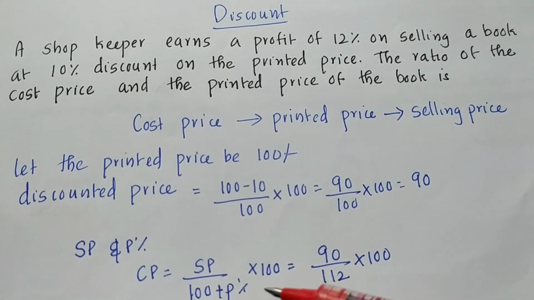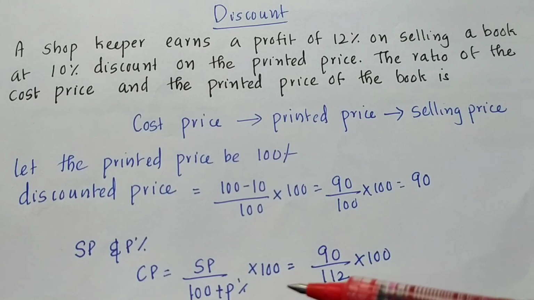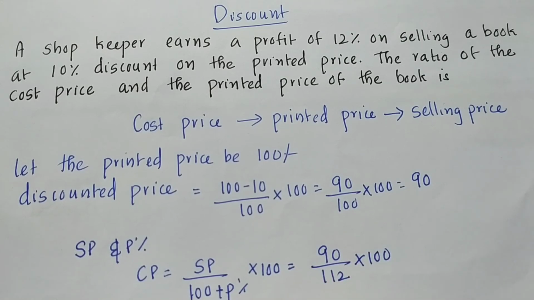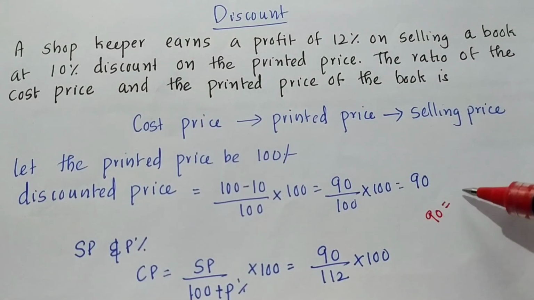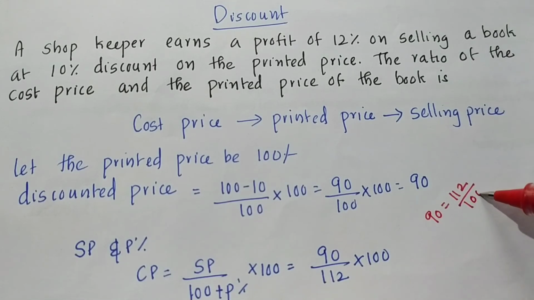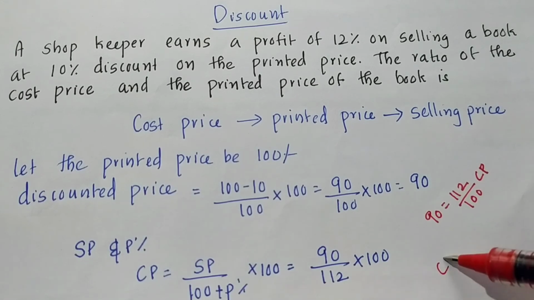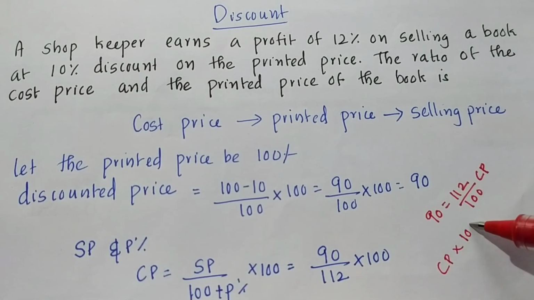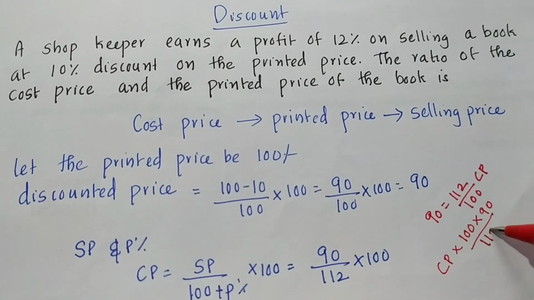Or simply we have to remember that SP is profit percentage more than the cost price. So here SP is equal to 90, which will be 112% of CP. So CP is equal to 100 into 90 by 112.